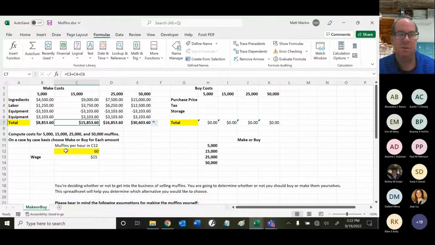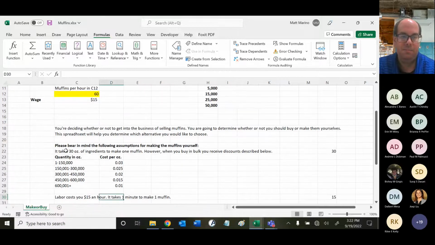For 15,000 muffins, it's a little under 16,000. For 25,000 muffins, it's a little under 17,000. And for 50,000 muffins, it's a little under 31,000.